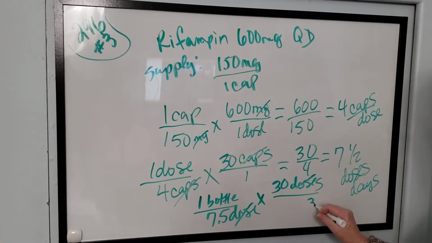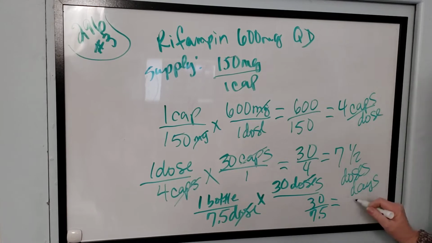And we have 30 divided by 7.5. 4. And that gives us 4 bottles, right? Yeah. Does that come out even?